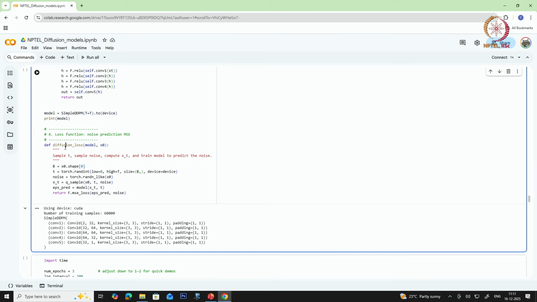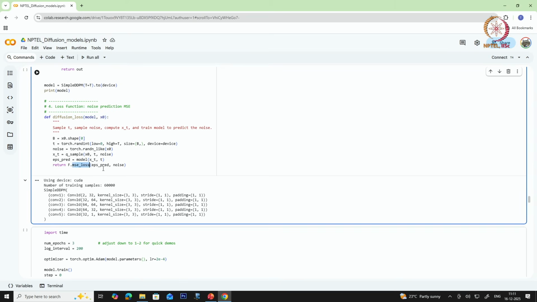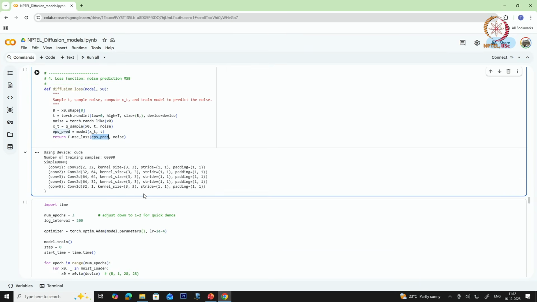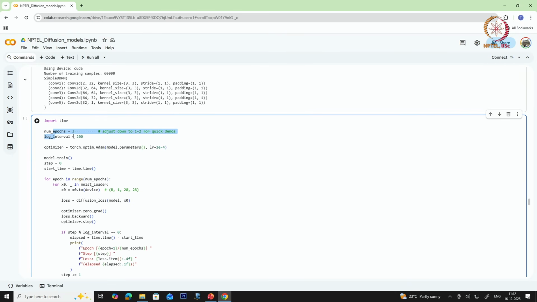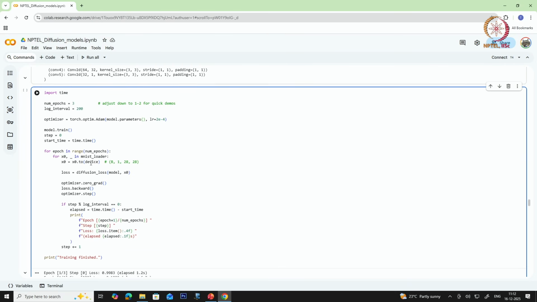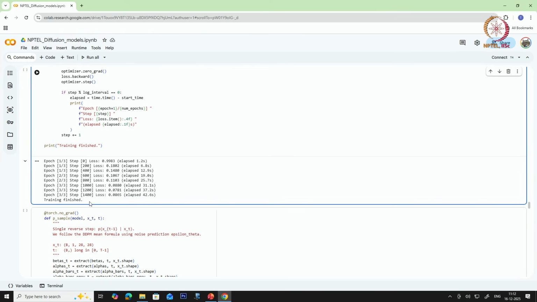And you can define finally the loss, which is like MSE loss as we discussed, between the noise and predicted noise. Then comes the training part. You can define the number of epochs you want to train it for, and then the optimizers, and then for a couple of epochs you can train that network.